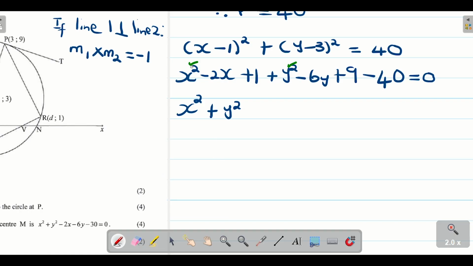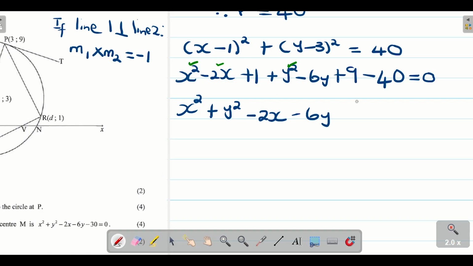Okay, so we have y squared, x squared, and then we'll have minus 2x, and then we'll have our y, minus 6y.